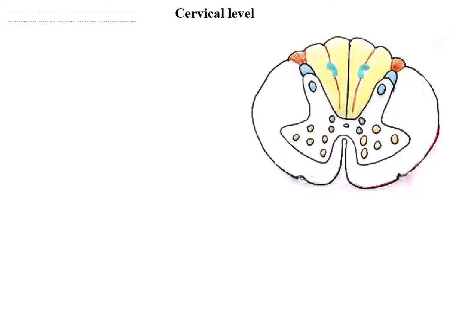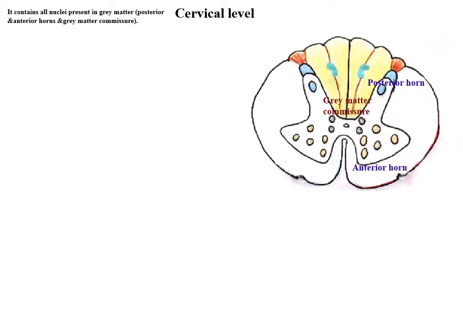Spinal cord, cervical level. It contains all nuclei present in the gray matter, in the posterior and anterior horns and the gray matter commissure. The white matter contains all ascending and descending tracts.